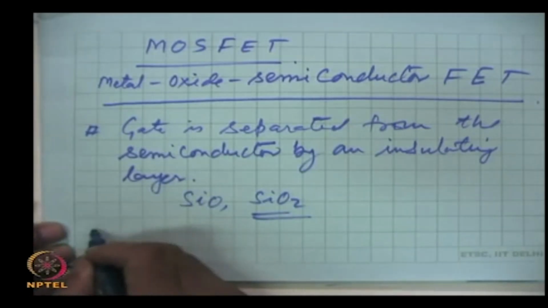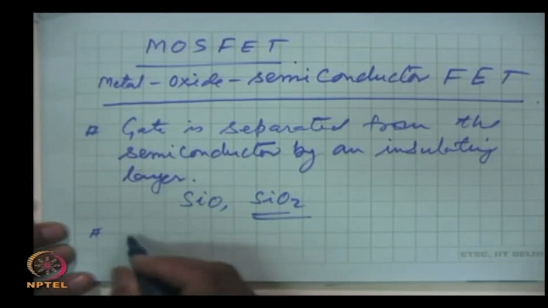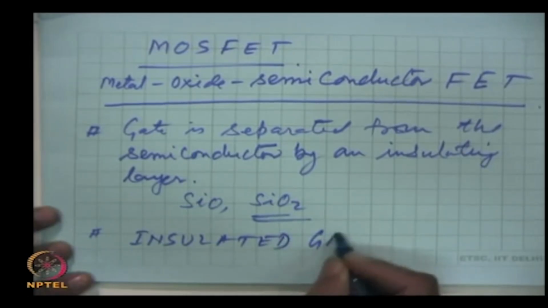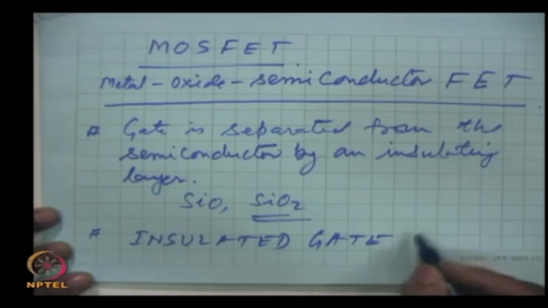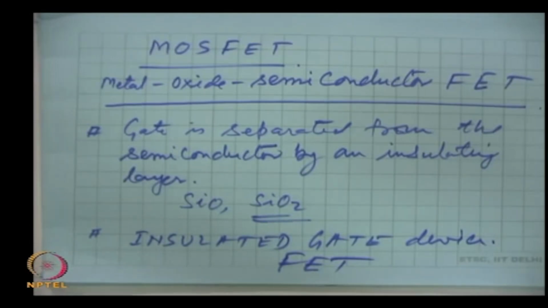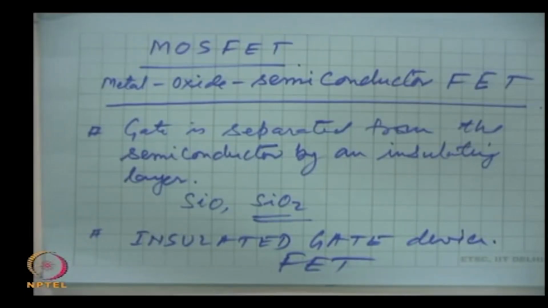So, silicon oxide or silicon dioxide is the layer which is used, and that is one reason why this MOSFET is also sometimes called insulated gate FET, insulated gate MOSFET. We will see that there are two types of construction, that means how through the field induced from the gate through the insulating layer, the conductance of the channel is affected.